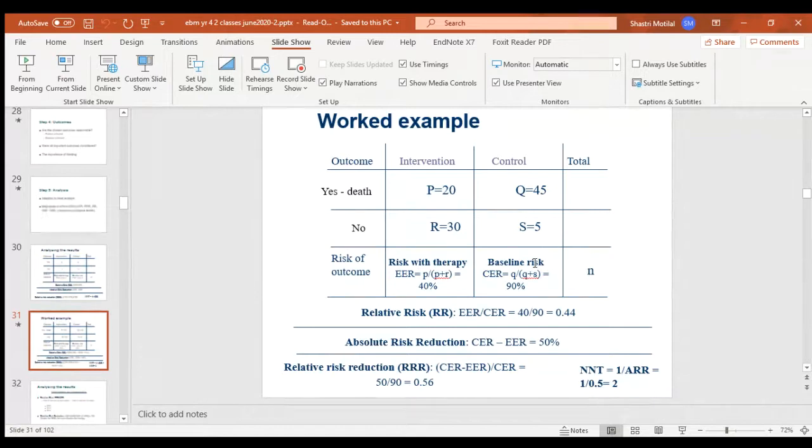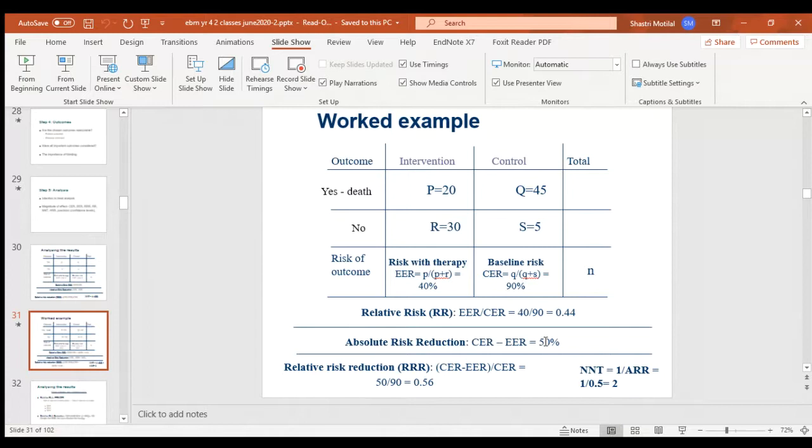So you're already thinking, well, in this case, more people are dying in the control than the intervention. It seems as though this treatment is probably working. But let's look at the measures. The relative risk here is 40 over 90, which is 0.44. The absolute risk reduction is the difference: 90 minus 40 is 50%.